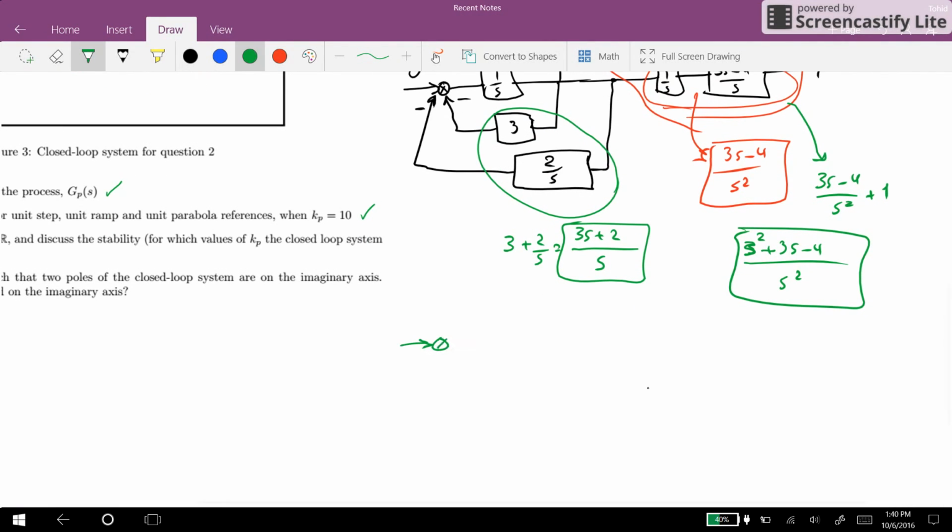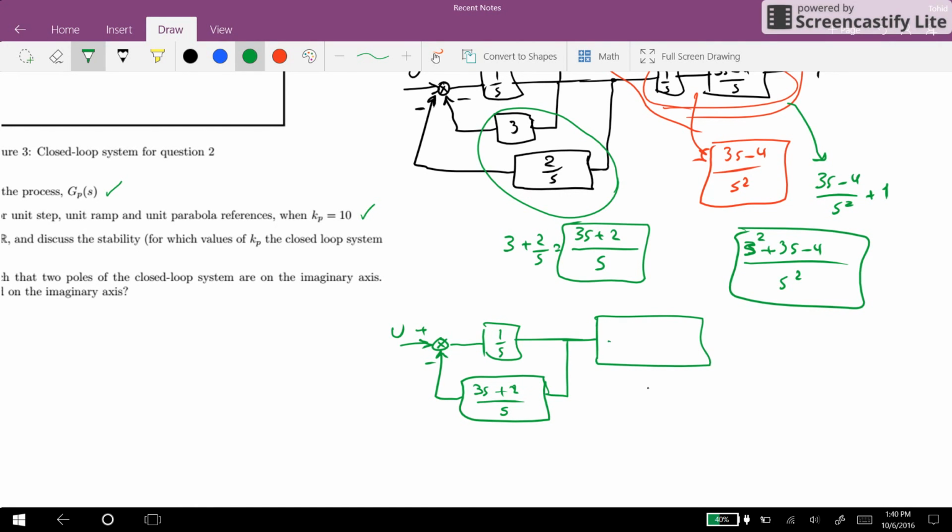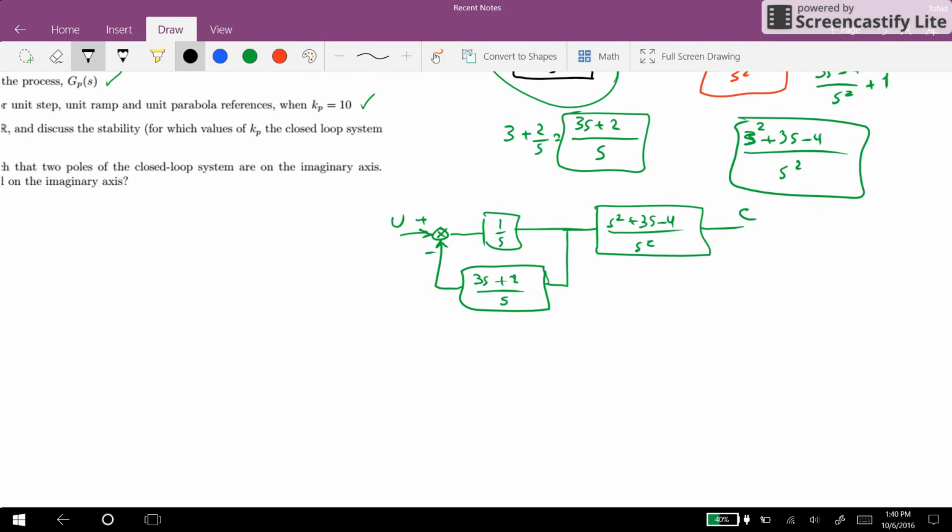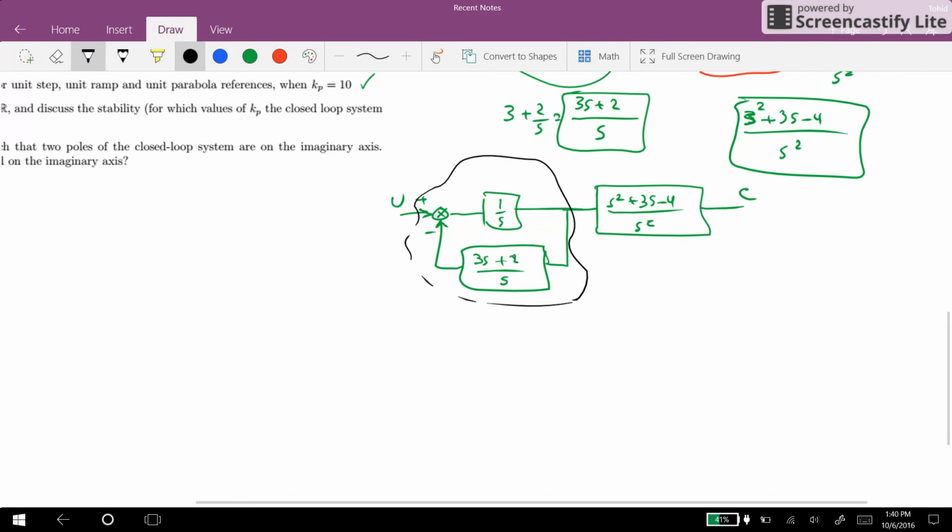And we have the feedback configuration. So 1 over S, 3S plus 2 over S with the negative sign. And then afterwards we have S squared plus 3S minus 4 over S squared, and we will have the output. Now we just need to find out the equivalent of this feedback loop here.